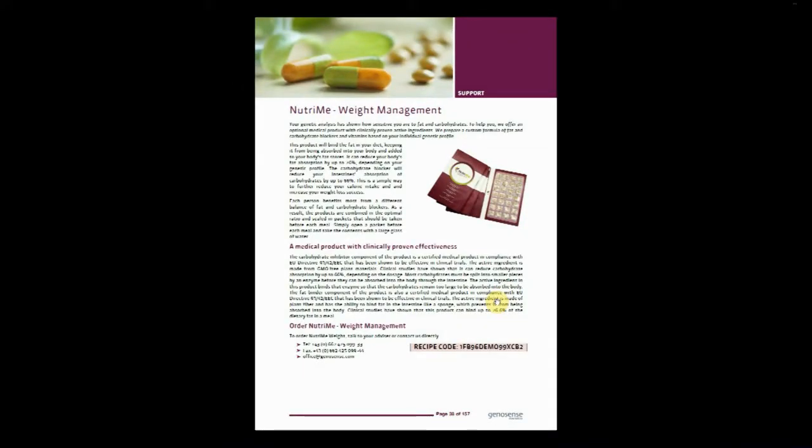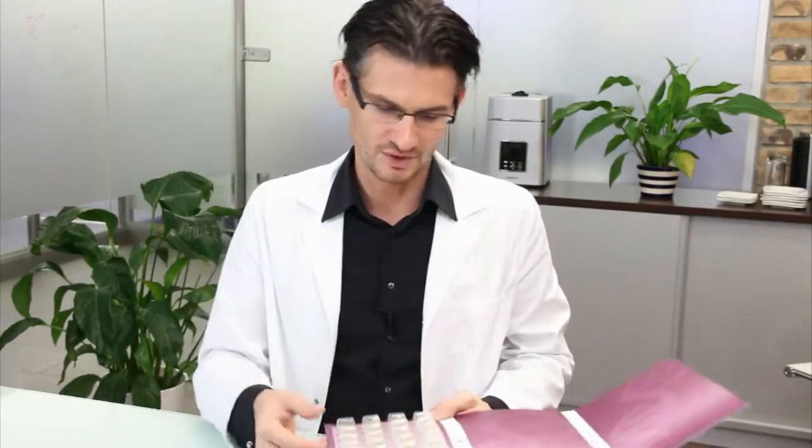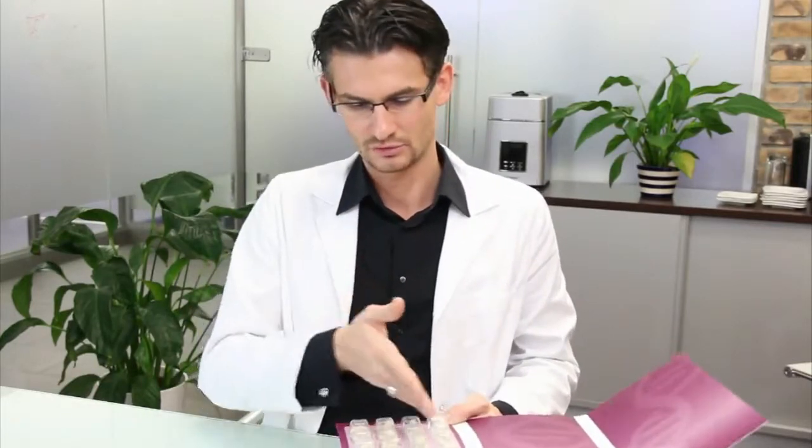You receive this, and then you would take one for lunch, the components with half a liter of water before lunch, and one for dinner. Don't take one for breakfast. The recommendations are either to take it during the weight loss phase to lose weight even faster, or, if you have problems with maintaining your weight, every time it goes up a bit, you can take another few of them.